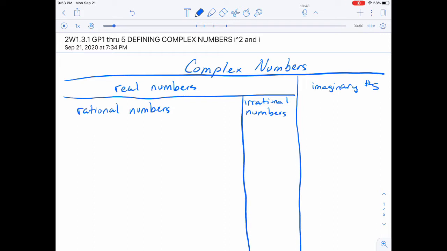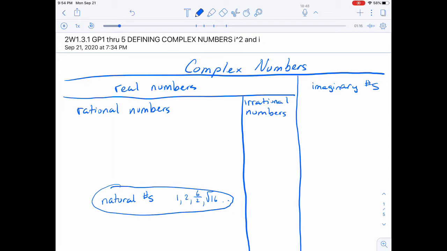The set of rational numbers begins with natural numbers. Natural numbers are our counting numbers, such as 1, 2, 3, 4, and so on. The set of whole numbers contains the set of natural numbers, including 0.